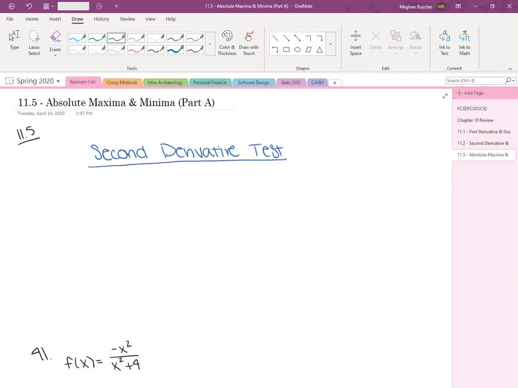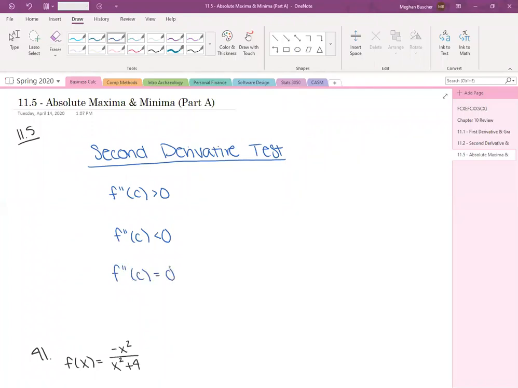Okay, so we have some value c that is a critical point, and if we have that the second derivative is positive, second derivative is negative, and equals 0.